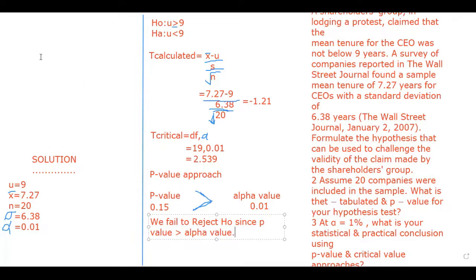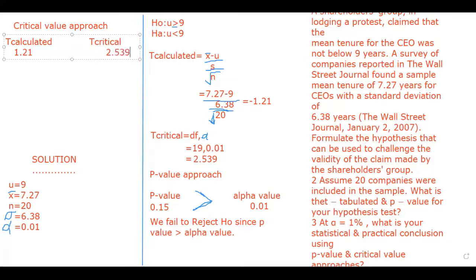Okay. Let's move to the critical value approach. We compare the absolute figure of T calculated and the T critical. The T calculated is 1.21, T critical was 2.53. It was negative 1.21.